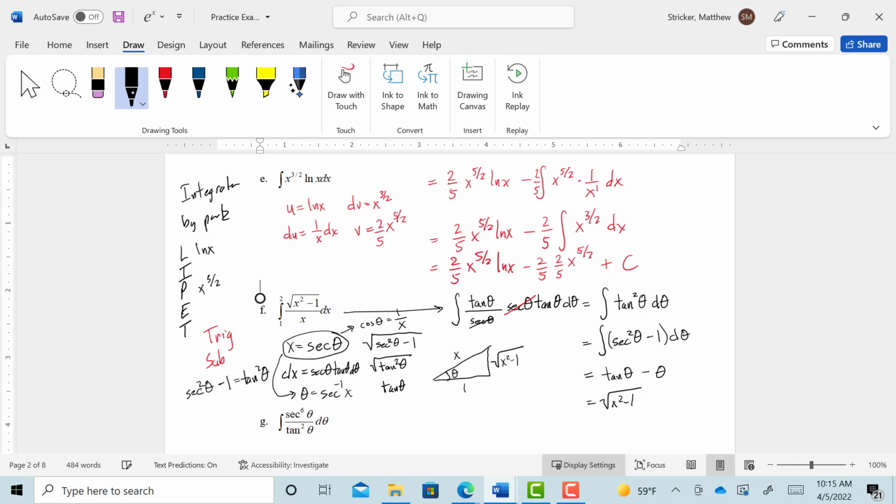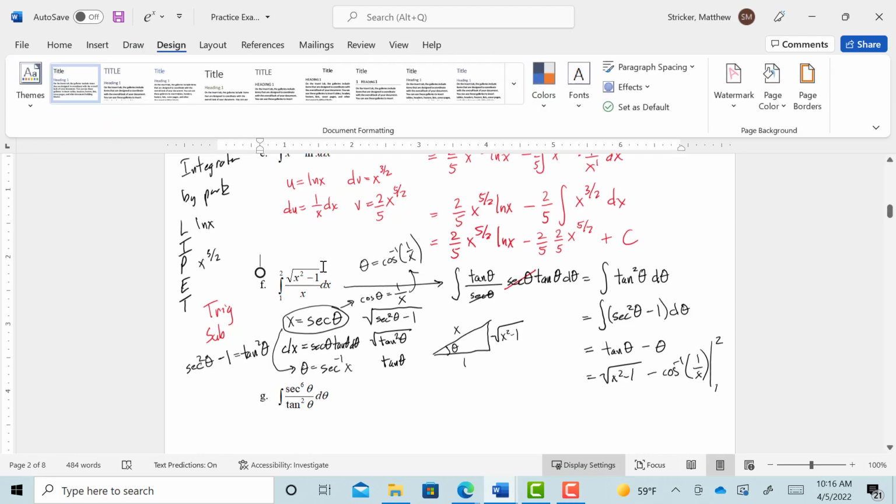Or it might actually be even easier to use this one and say theta equals the inverse cosine of 1 over x. When we do that, minus the inverse cosine of 1 over x. Now that we're back to x, we're going to evaluate this between 1 and 2.